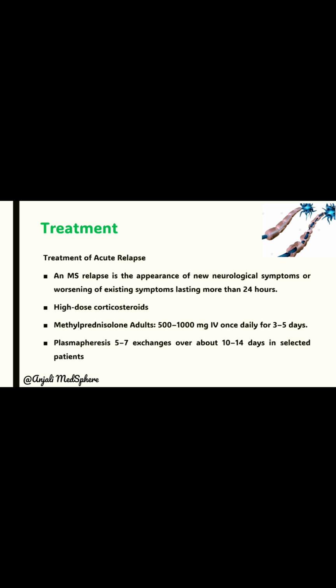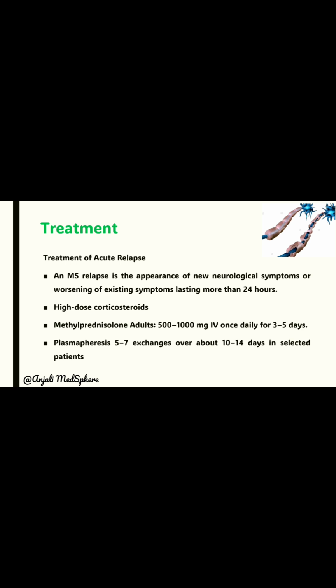And then plasmapheresis. After the methylprednisolone, plasmapheresis is there. Plasmapheresis is a process where the blood is collected from the patient's body through a catheter or a needle, and it is transported into a machine where the plasma and the blood are separated. The plasma contains all the harmful antibodies and toxins, so it is removed through processes such as centrifugation and filtration, and it is discarded.